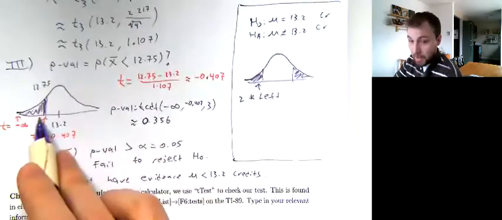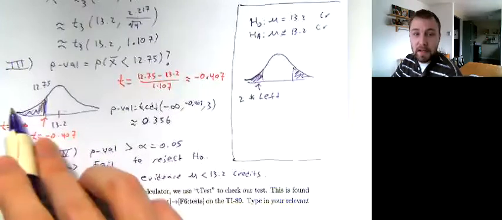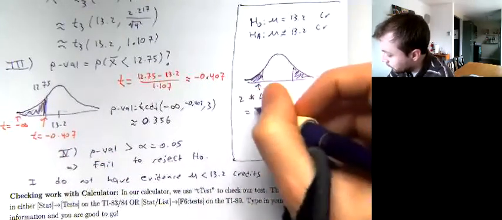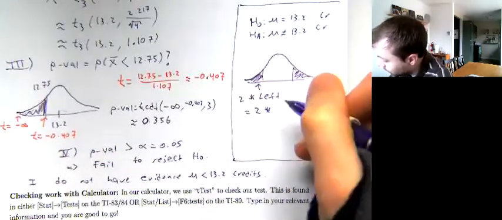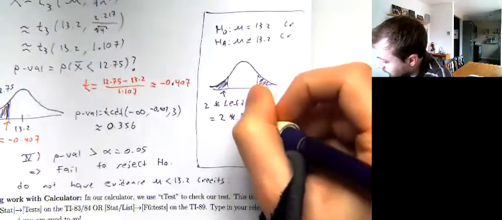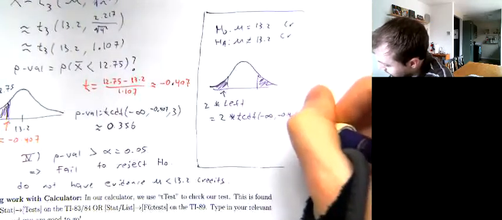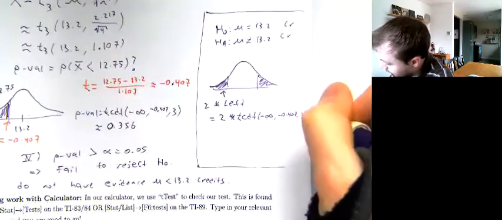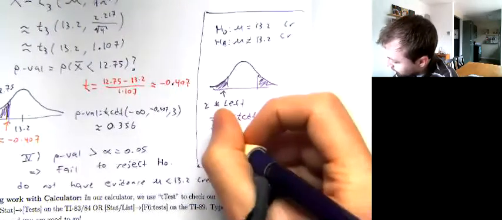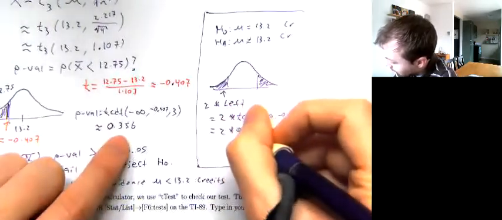Well, in this last problem, we just found the size of the left tail. Previously we used to do 2 times the table. Now we're just going to do 2 times the cdf on the left side. So I'm going to have 2 times the area of the left.